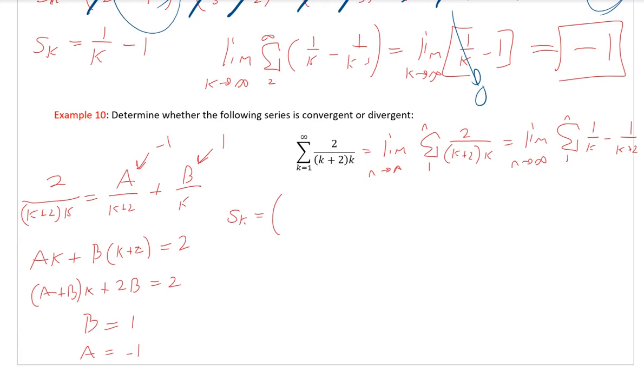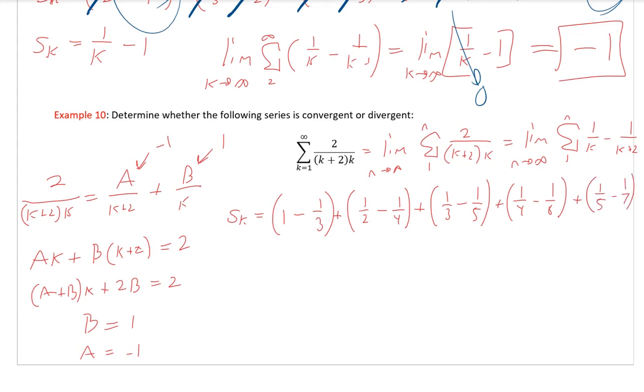I have 1 over 1, so that's 1, minus 1 over 3, plus, for 2, I'll get 1/2, minus 1/4, plus 1/3, minus 1/5, plus 1/4, minus 1/6, plus 1/5, minus 1/7, etc.